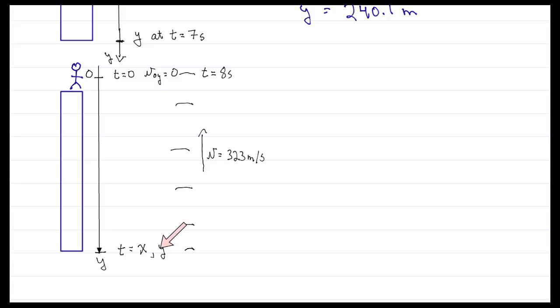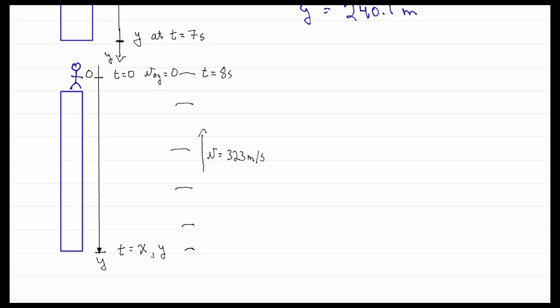After it hits the ground, sound then travels upwards, and eventually Barry hears the ball hitting the ground, and we know something about the speed of the sound wave. The sound wave is traveling at 323 meters per second. So it takes this sound a little bit of time to reach the top of the canyon.